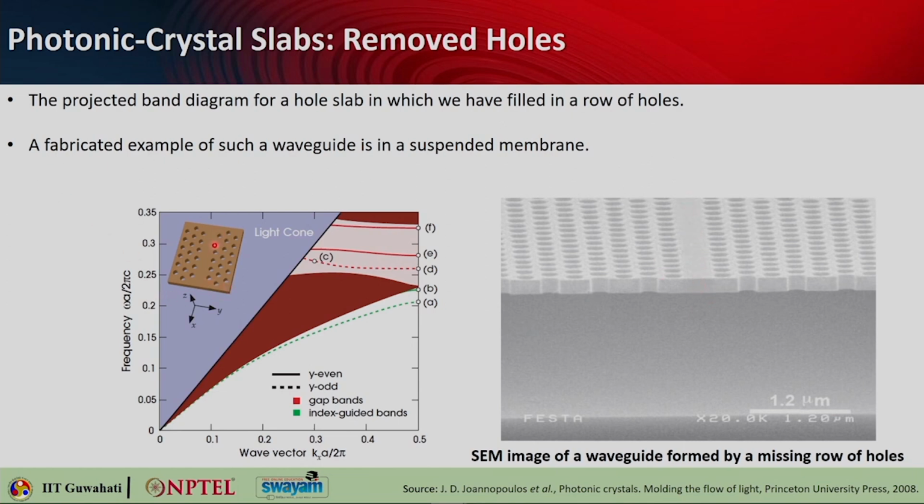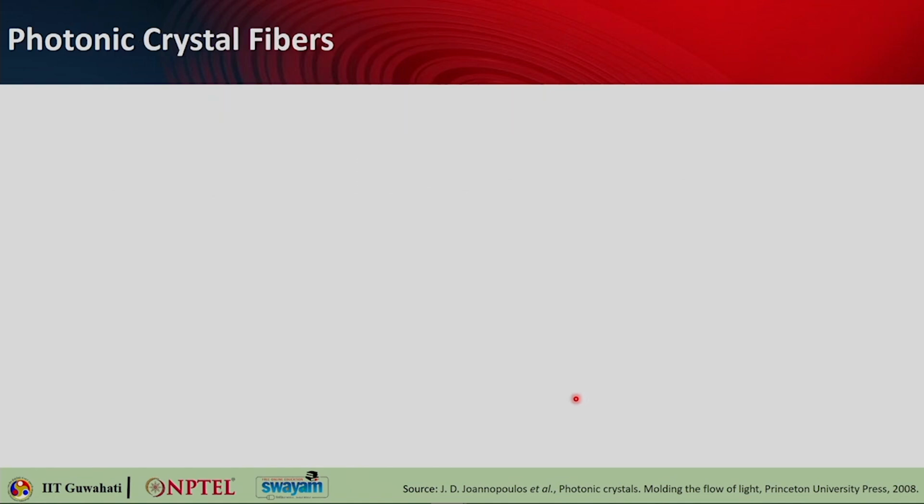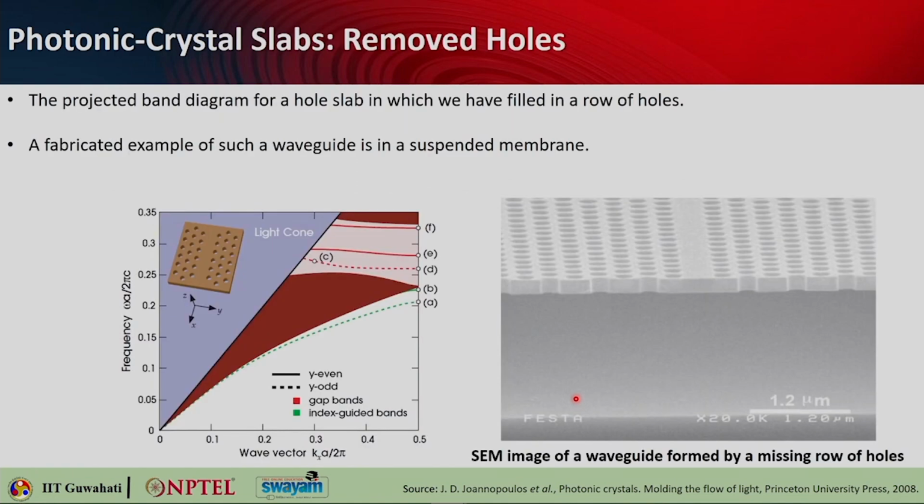This is the SEM, scanning electron microscope image of this missing row of holes. So how does it help? Again, this will help you find that some particular modes can be guided through this, and these modes need to be in the gap bands, which is why we do the band diagram.